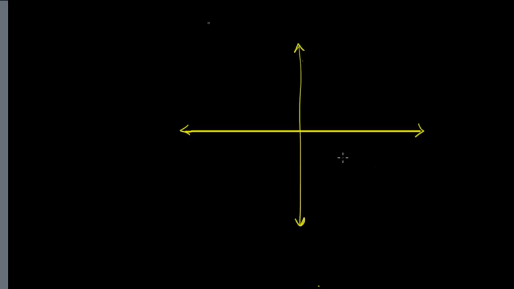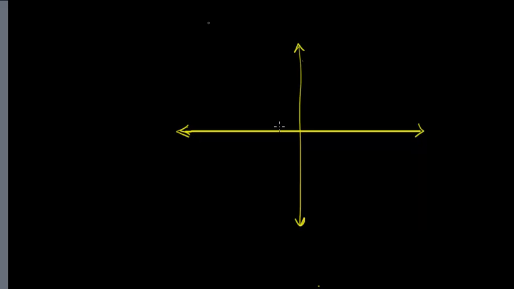As x increases, the point moves further right. When x decreases, the point moves further left. Same as with y. As y increases, the point moves further up. When y decreases, the point moves further down.